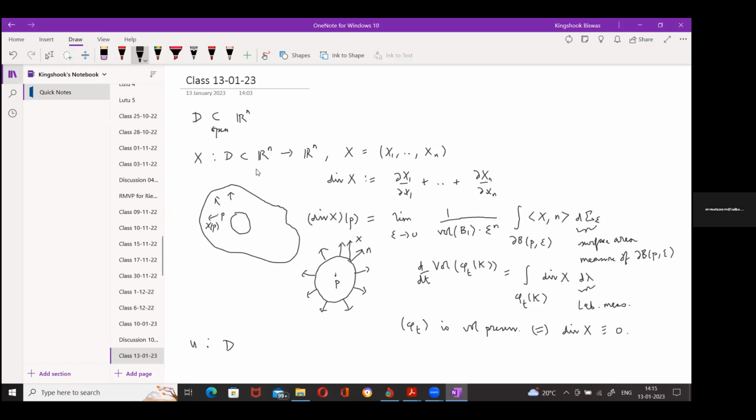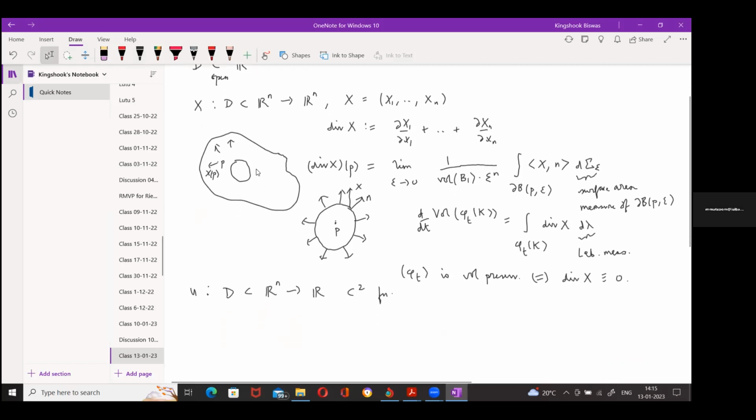Okay. And then if we have a function u on our domain D, which is a C2 function, then you define the Laplacian of u, delta u, to be the divergence of the gradient vector field of u.